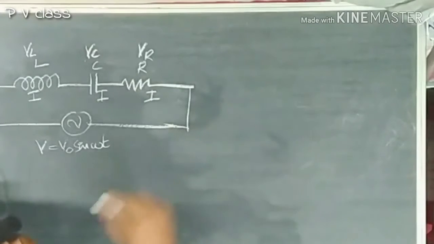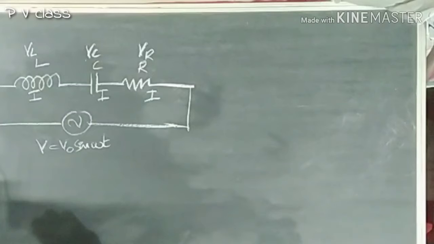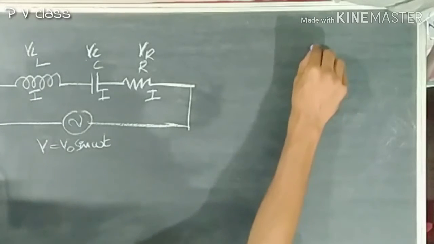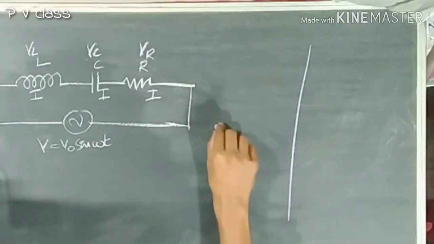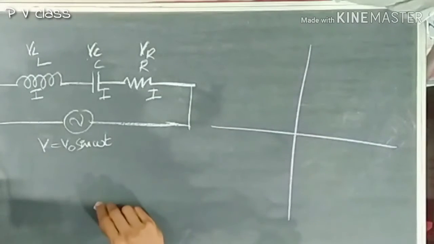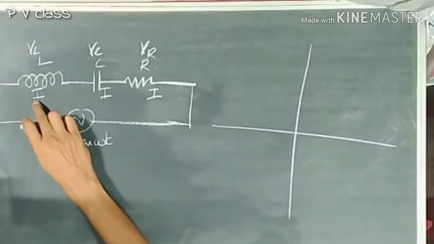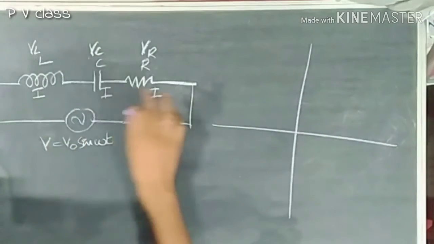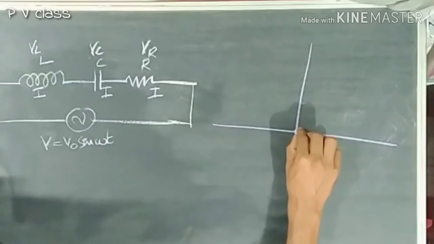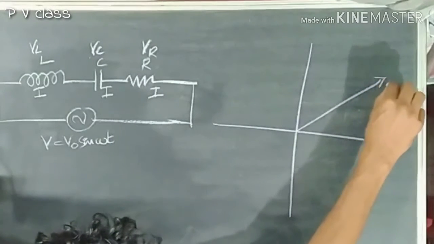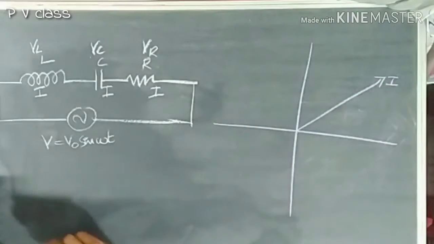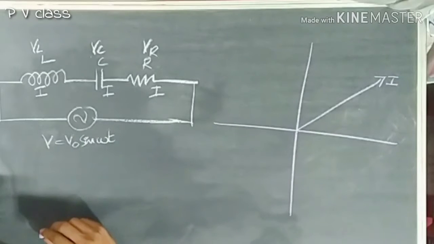If we are drawing the phasor diagram of this particular circuit, let me draw the axis first. This is our axis, and since current is same in all this case, we are drawing the current phasor initially. This is our current phasor, current.